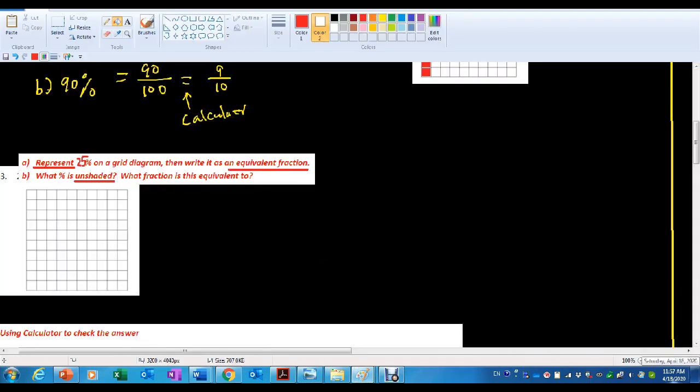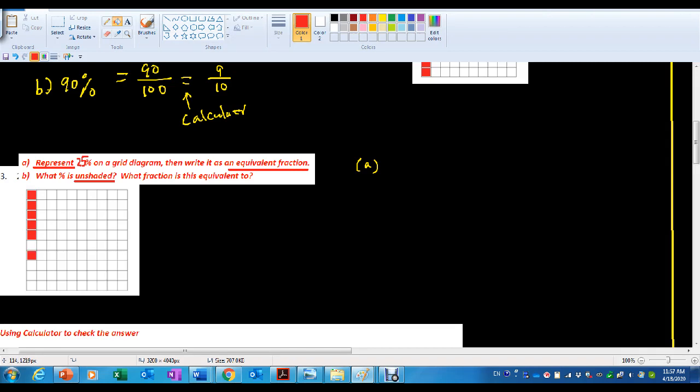Let's see what we can do. For part A, you need to represent that in the grid diagram. That's 25%. I use this color.